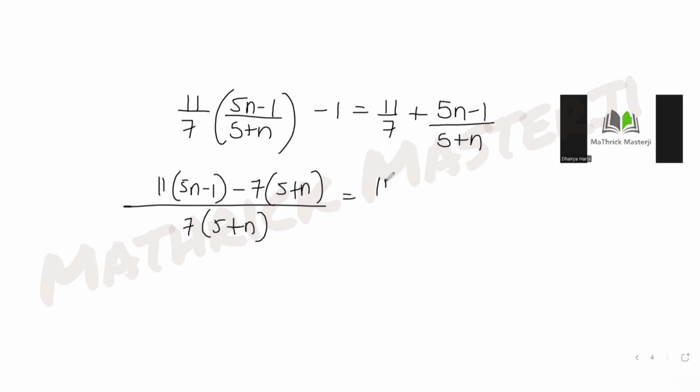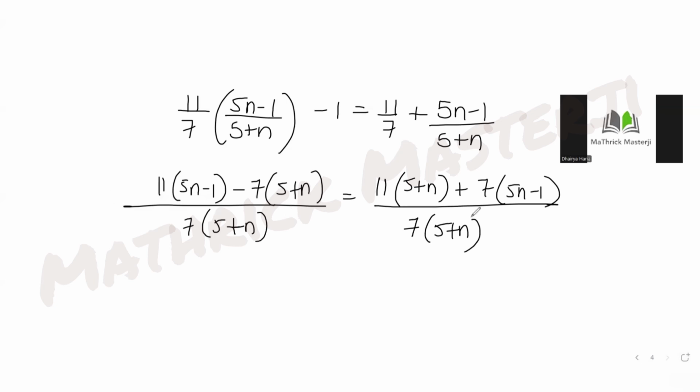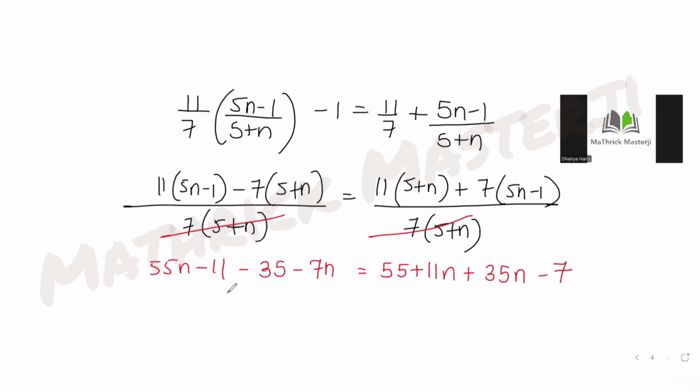Cross multiplying, I get 11 times (5n minus 1) minus 7 times (5 plus n) on one side, and 11 times (5 plus n) plus 7 times (5n minus 1) on the other, and I cancel the common denominator. So I get 55n minus 11 minus 35 minus 7n equals 55 plus 11n plus 35n minus 7. Further, 55n minus 7n is 48n, minus 11 minus 35 is minus 46, equals 55 minus 7, which is 48 again, and 11n plus 35n is 46n.